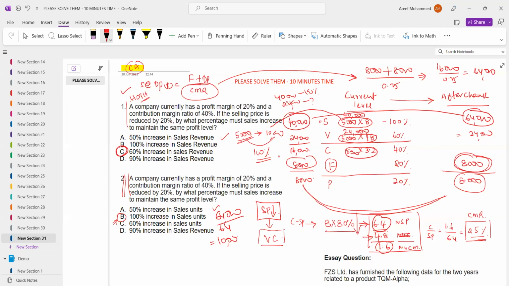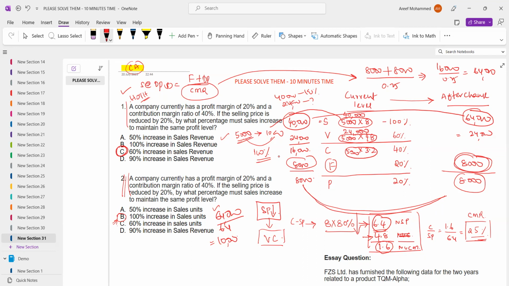See, if selling price changes, that is the basic concept, and you have to correct your conceptual understanding by doing this kind of problem. By changing selling price, the contribution margin ratio will not be the same unless you adjust the variable cost.